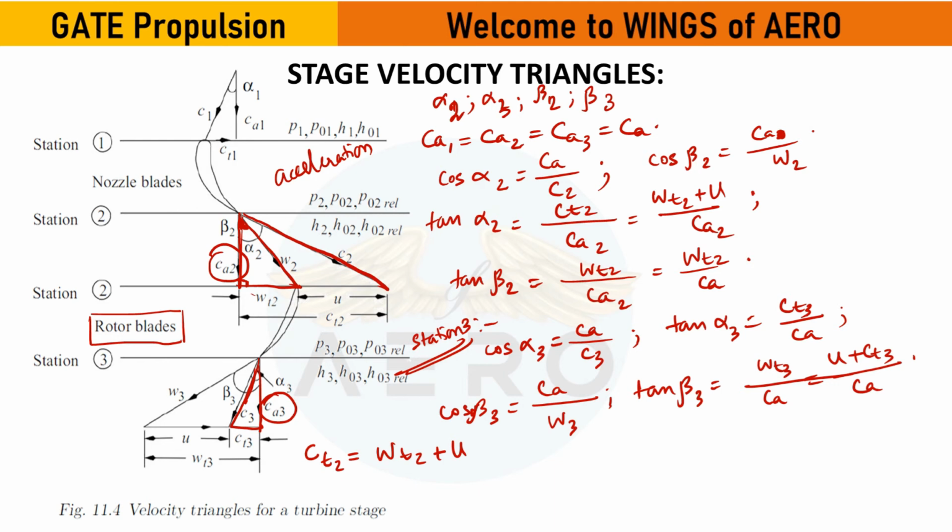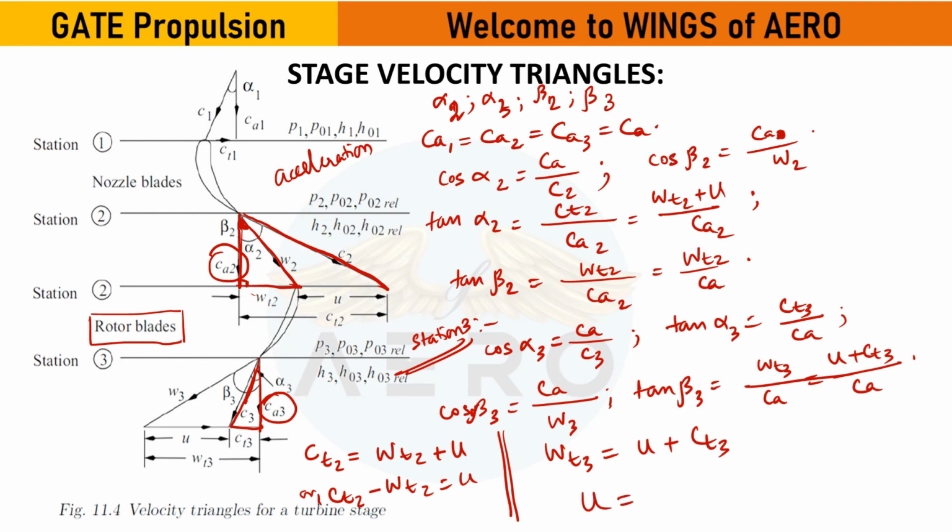Then CT2 minus WT2 equals U. I can write this. Then WT3 equals U plus CT3. I can write.